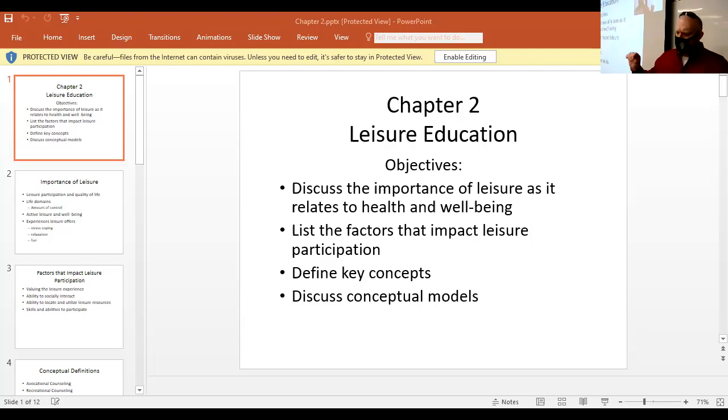Not only does that include us standing in front and leading activities or games or having them do specific things, we also have an obligation, because of our background and our knowledge in the field, of providing some leisure education, because some of the people that we'll be dealing with don't have much leisure education.